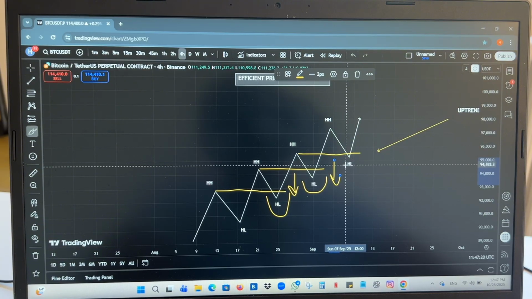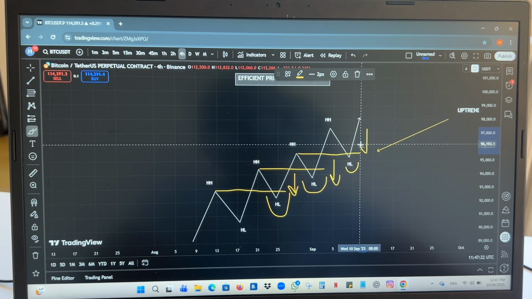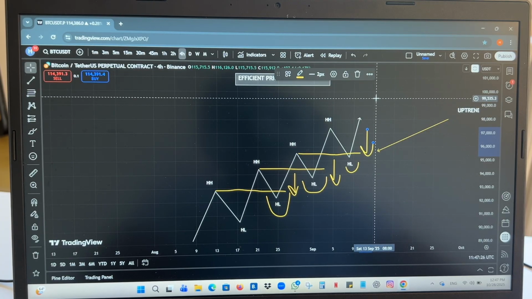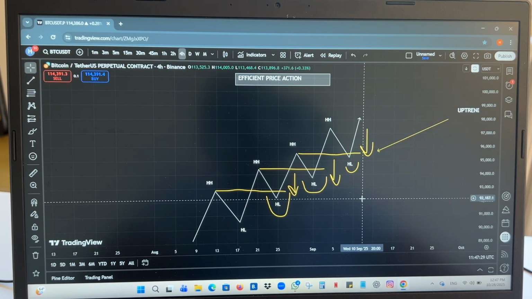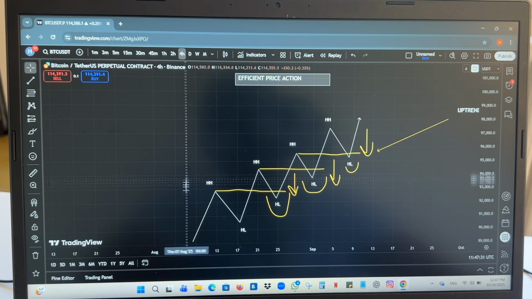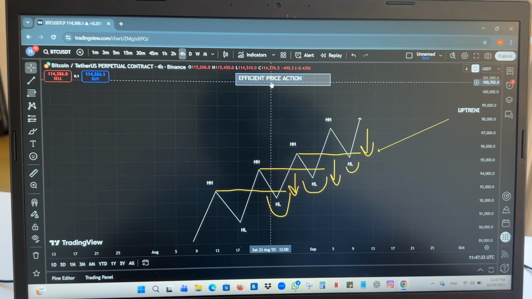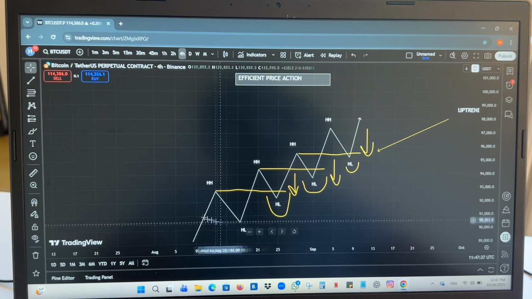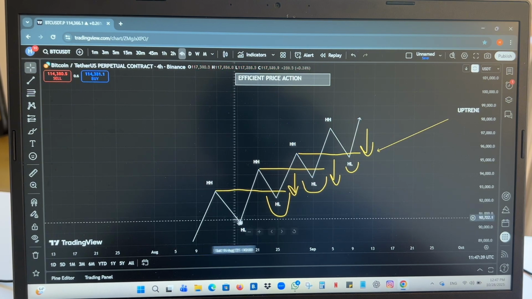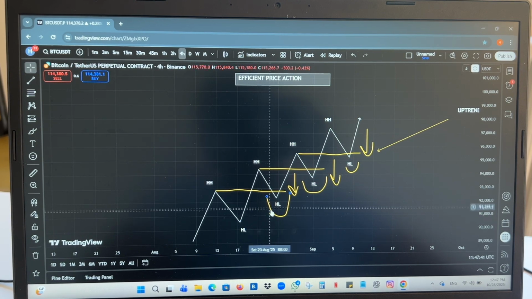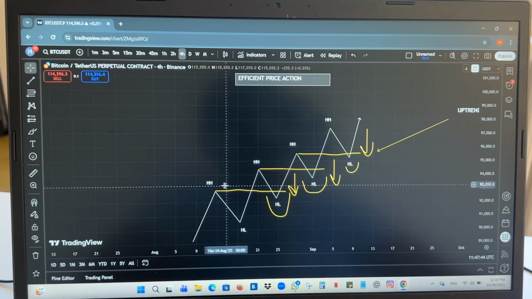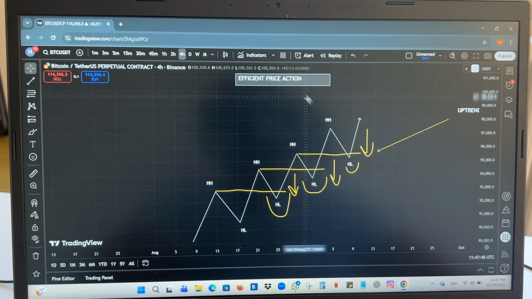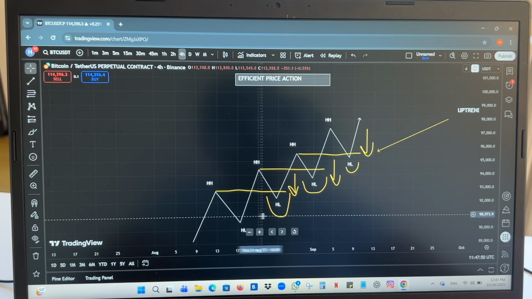So in this type of scenario, this is what we call an efficient price action. If the higher lows are going further below, lower than the high levels, that means this is an efficient price action scenario.